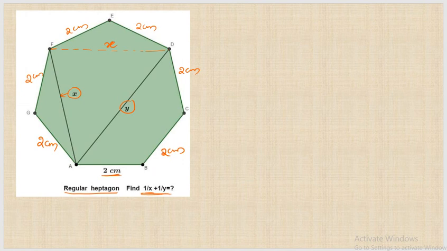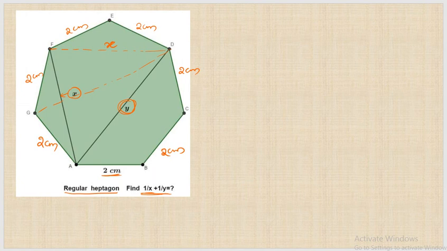The same way, if I join G and D, how many vertices have I skipped? I have skipped 2 vertices. For y, from A to D, we have skipped 2 vertices.